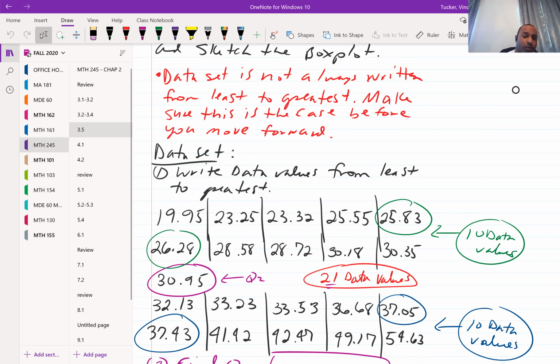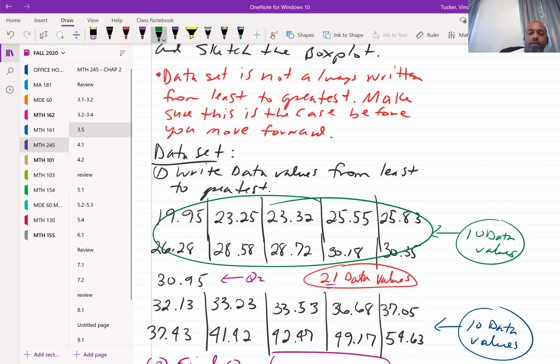So once again, your first step is to write data values from least to greatest. This time we have 21 data values. And so once again, I set up my data set, wrote it in halves.